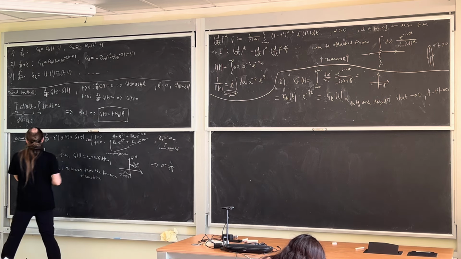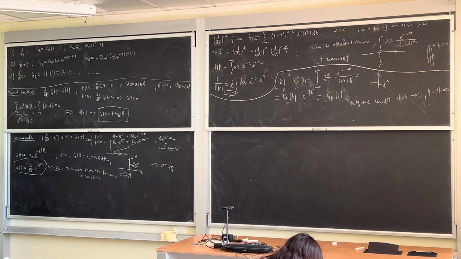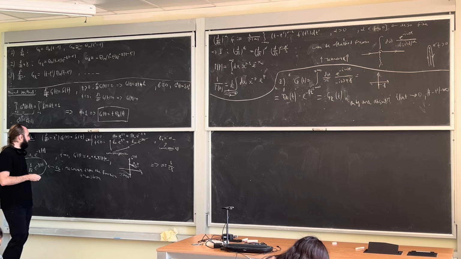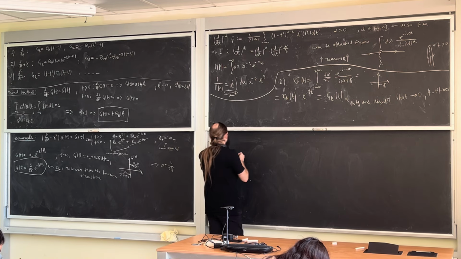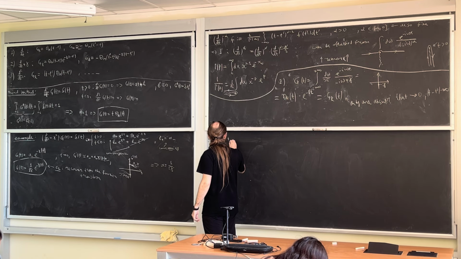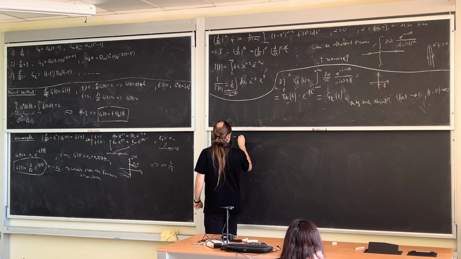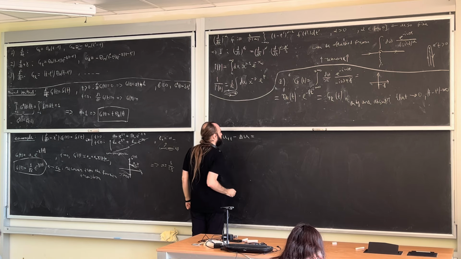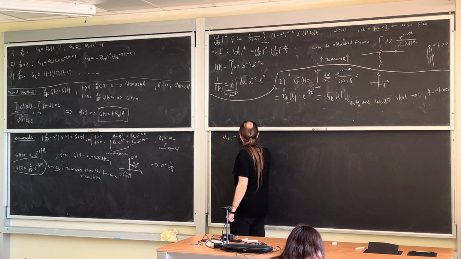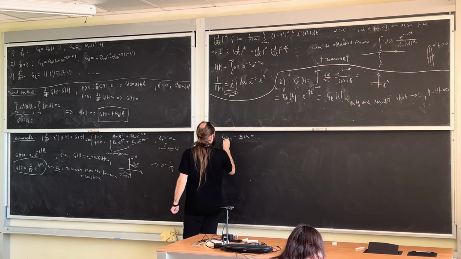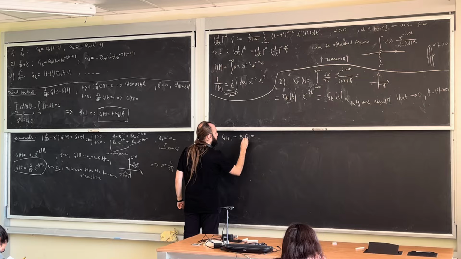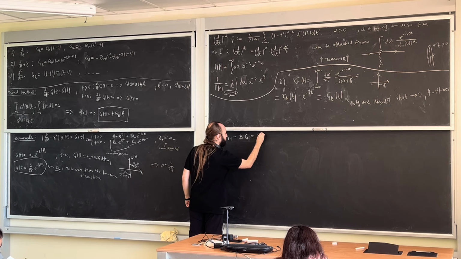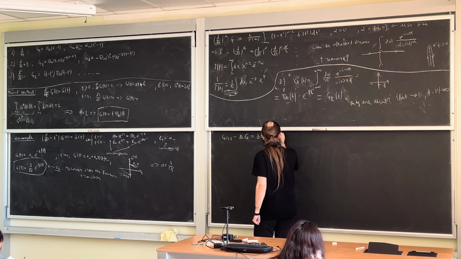So we now want to solve this equation: u_t minus Laplacian of u equals, g_t minus Laplacian of g equals delta of t and delta of x.